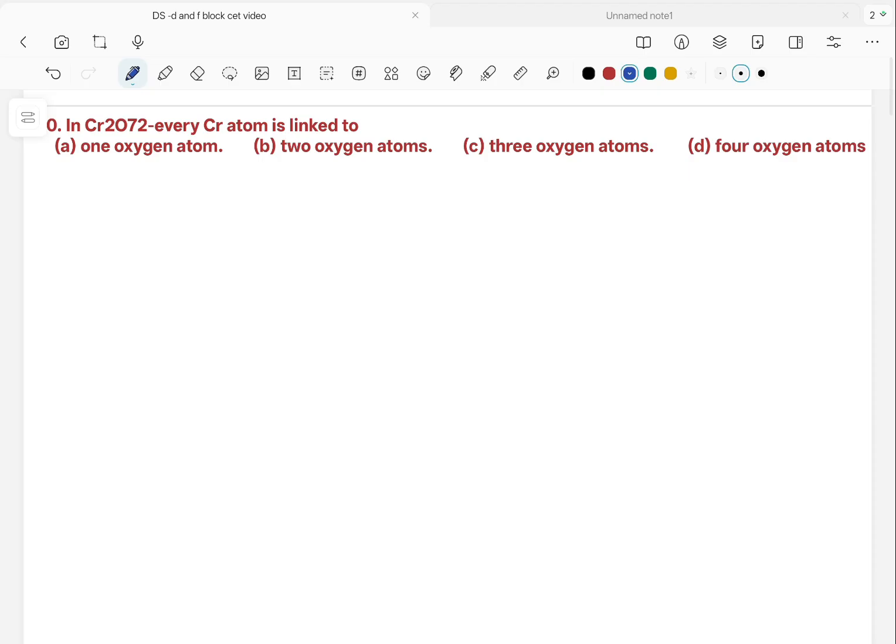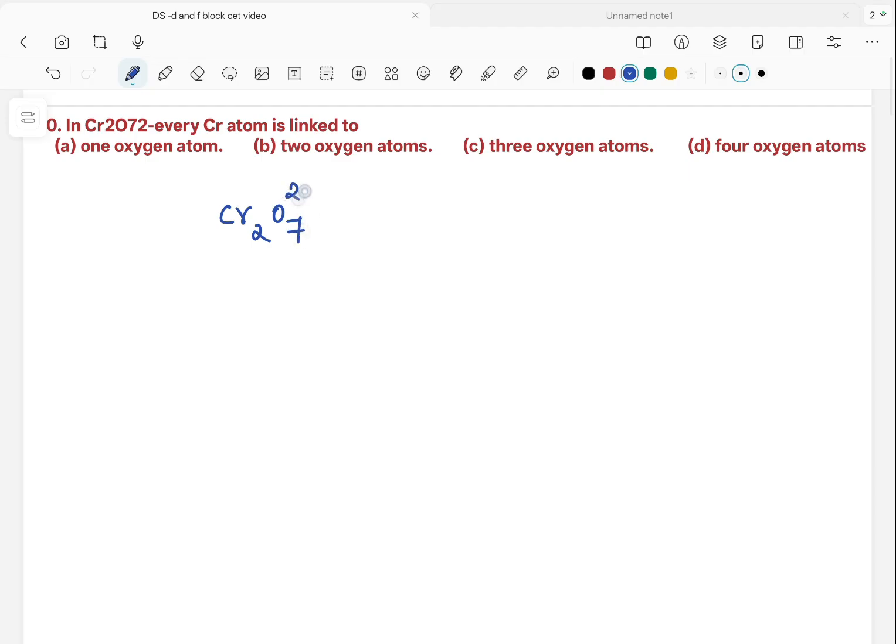The question is like this. In dichromate ion, every chromium atom is linked to how many oxygen atoms? Dichromate ion structure will be this way.